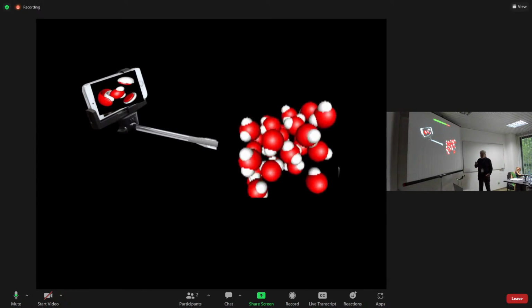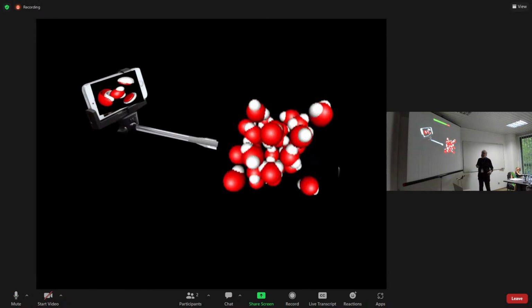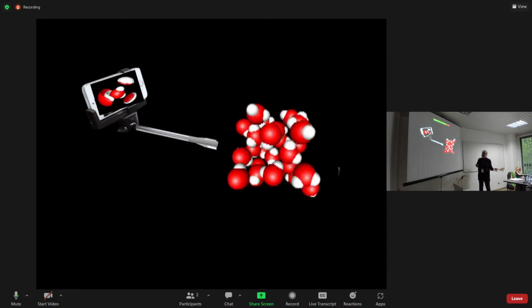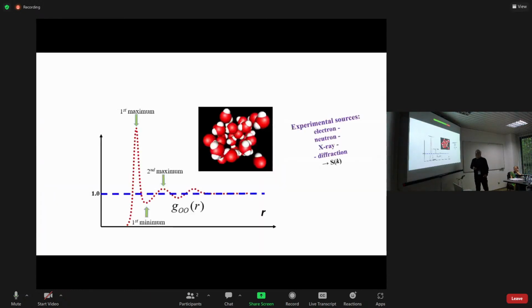So this could already be the structural information we use. But we do something else. We use these radial distribution functions, which actually is the same thing, but instead of in the molecular coordinate system, now we calculate the distances and interactions in a laboratory coordinate system.